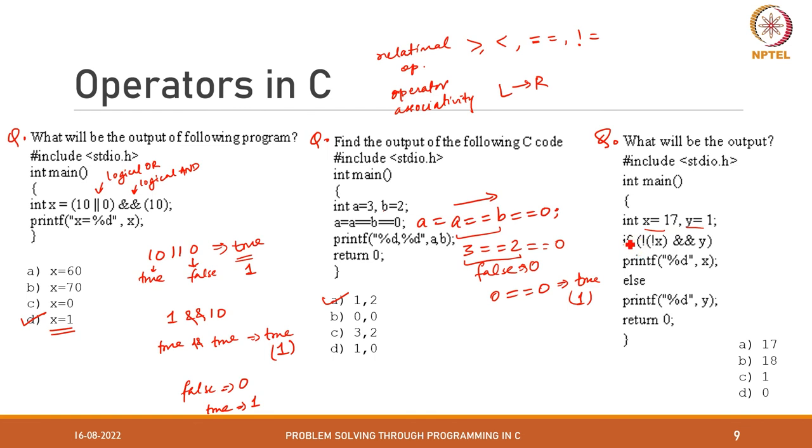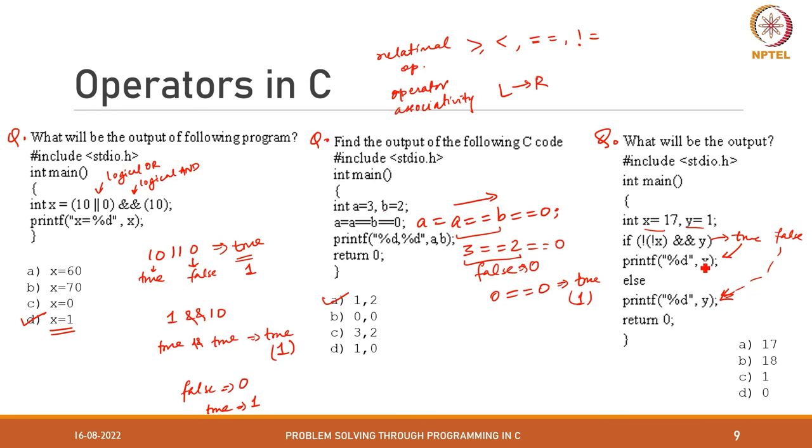I have not really covered this. If this condition is true, then this is evaluated. If it is false, then this is evaluated. So this is what if and else basically means. This is the true part and this is the false part.